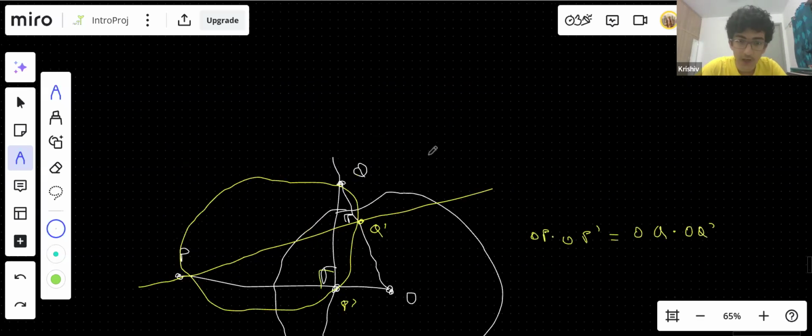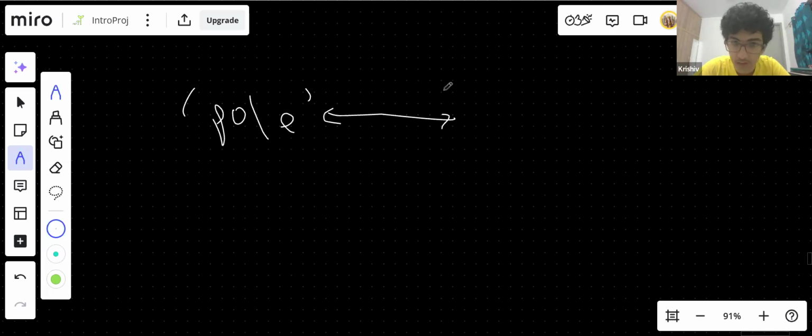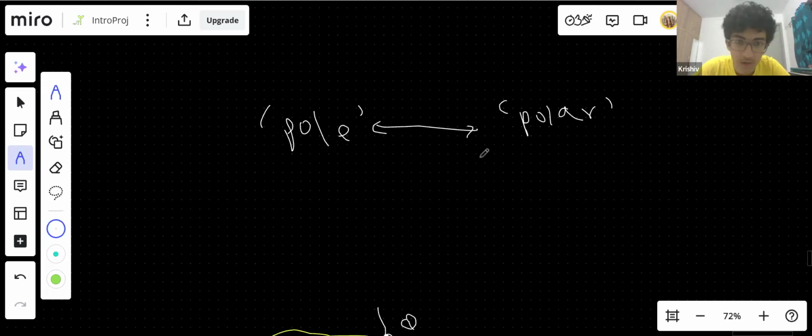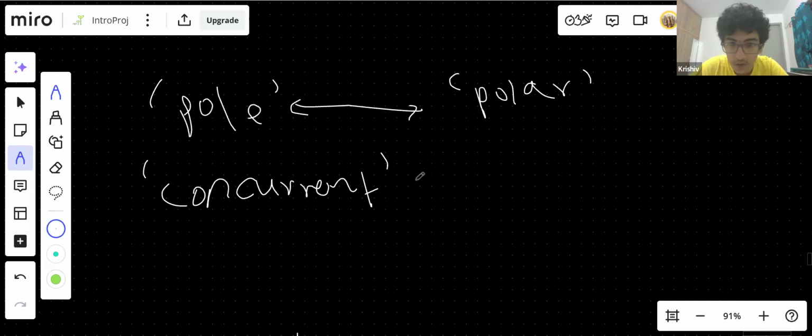I'll state this very vaguely for our purposes. But basically, for any point you can swap it with its polar, and for three concurrent lines, you can swap them with three collinear points.